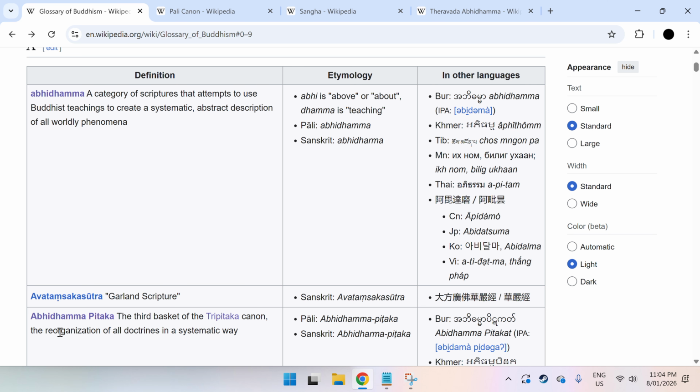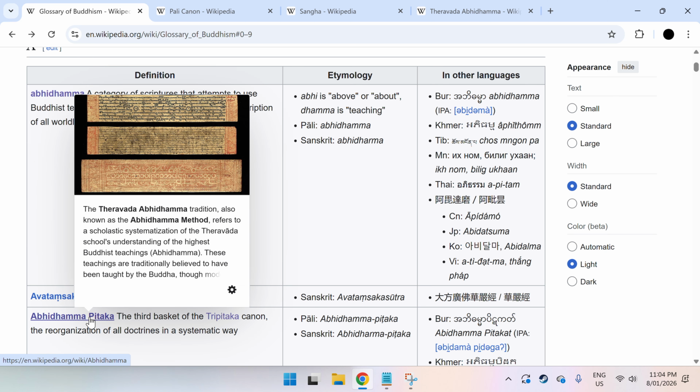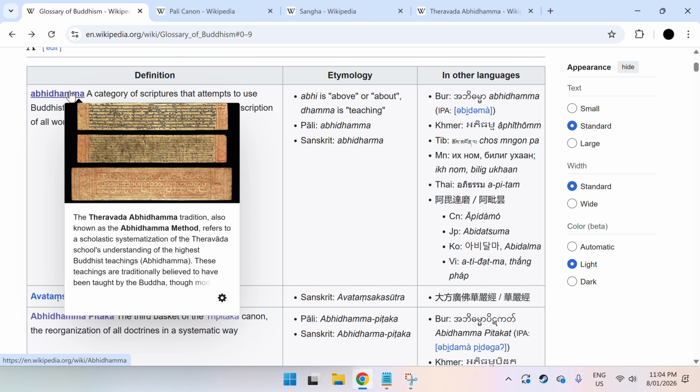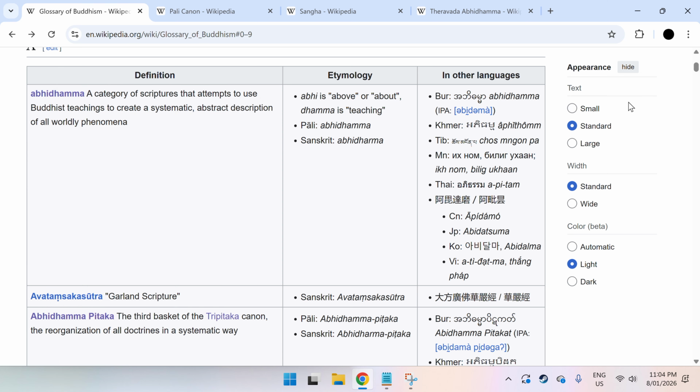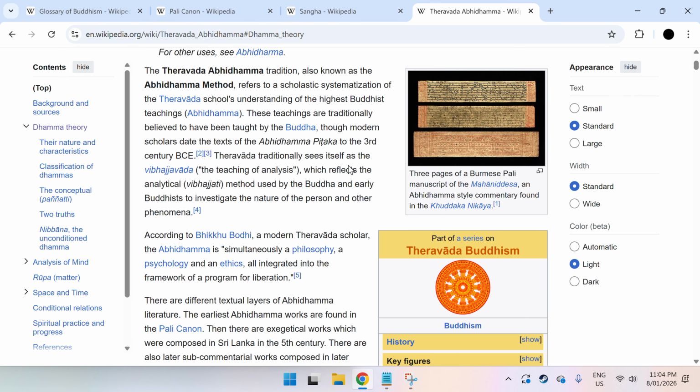I don't know if those entries could be combined. If I click on this page where it says the Pitaka, it just takes you to the same page that that one links to. So, that's interesting. Alright, let's maybe flesh this out a little bit more.